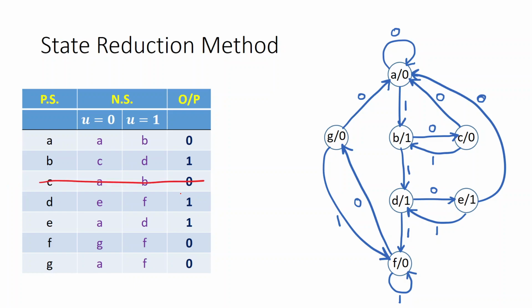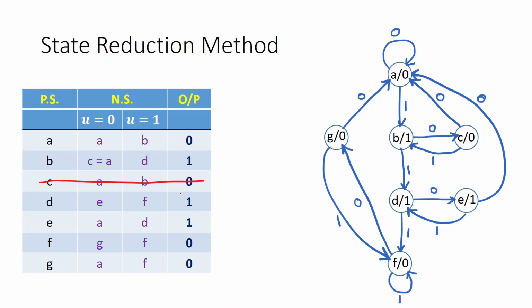So the C has been struck off, and hence we have to replace C with A. Wherever we have C, we have to replace with A. So we have replaced with A, you see, in the second line we have replaced with A. But now again we have to see whether we have further state reduction possible or not.